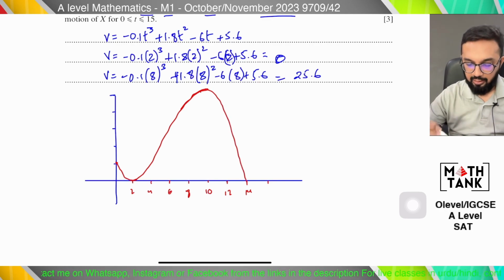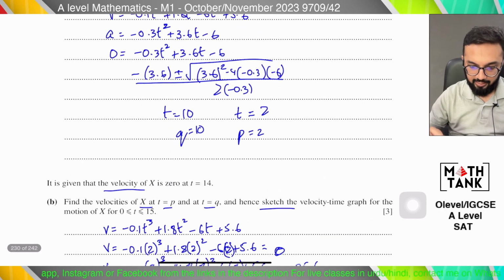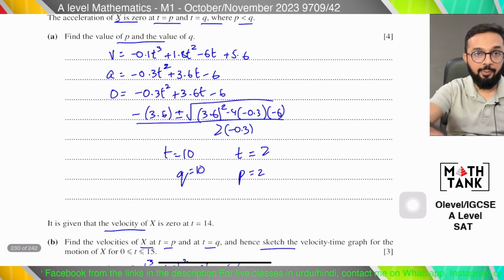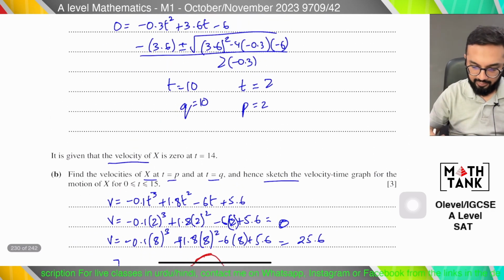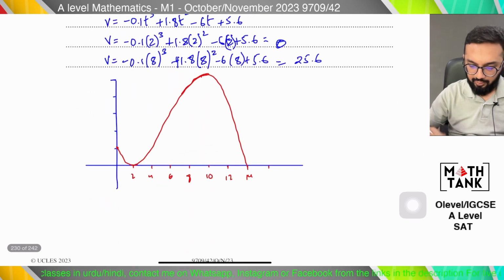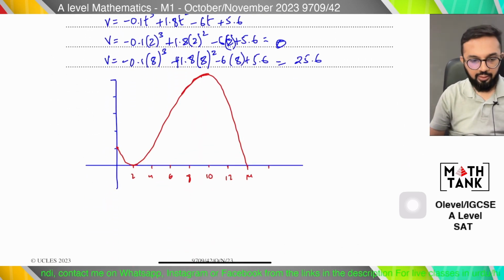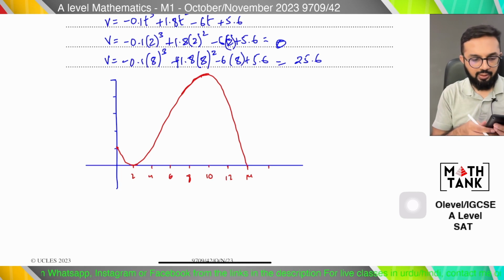And at 15, where does it land? I will have to find the speed at 15 as well. So it says from 0 to 15, so at 14 it's at 0. At 15 I could find out the exact value like I did for the rest of it, but it's going to be a pretty large value, I think. 15 squared, 15 cubed, then 15 squared, and then 15 itself.